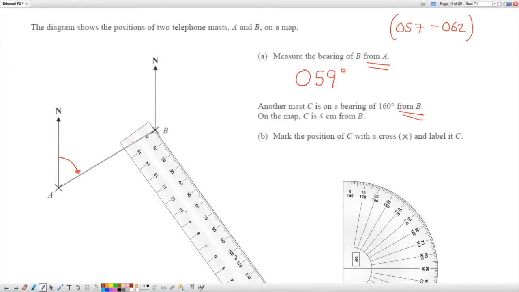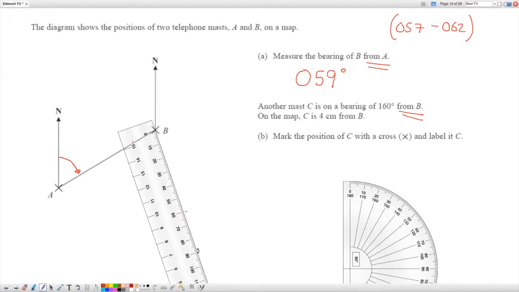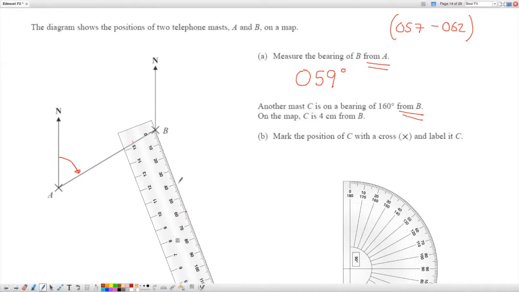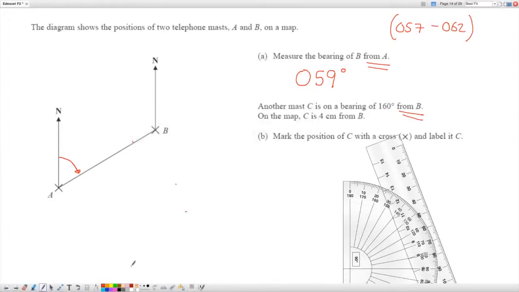Okay, so I'm going to line this up with my marking, but I'm only going to go to 4 centimetres. Again, here I'm in millimetres, so the point is here. Mark, come away. And I've got to mark this point with an X. So here is point C, bearing 160, 4 centimetres away from B. So 2 parts there to that last part of this question.